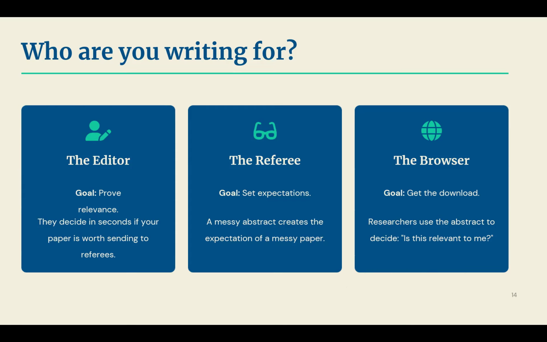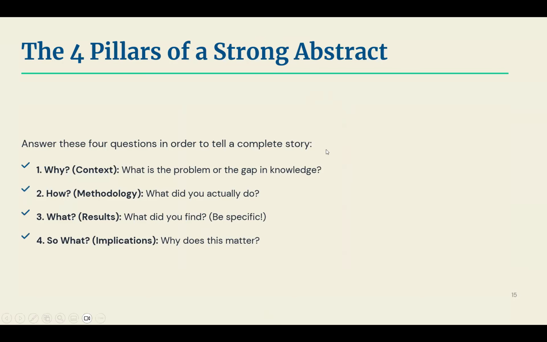The browser indicates not only the browser alone, but the reader. So to pass through these gates, you have to prove relevance, you have to set expectations, and you have to ensure that you are making it relevant for the reader. Well, let's move on and see what other strategies we have got.